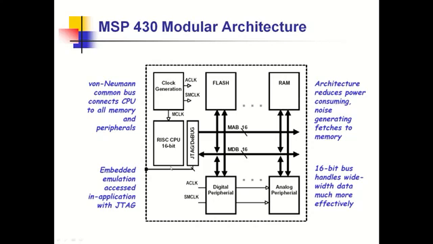Being a RISC controller, you will have rich registers. And another unique feature is, though it is a low cost controller and medium signal processor, it still has an inbuilt JTAG emulator for testing and debugging purposes.